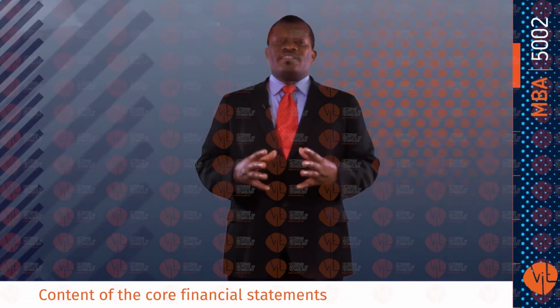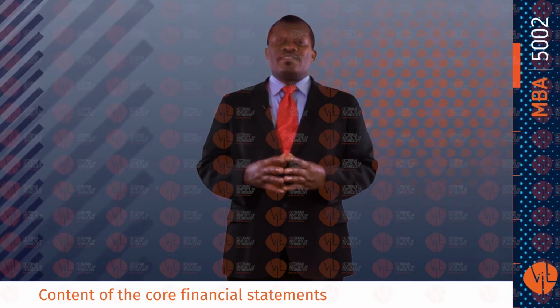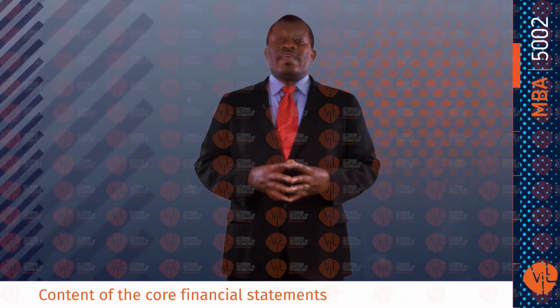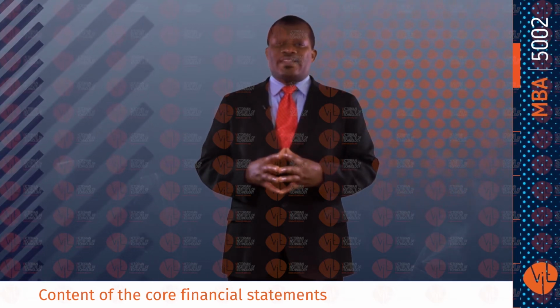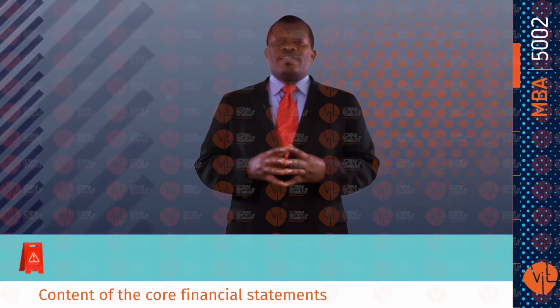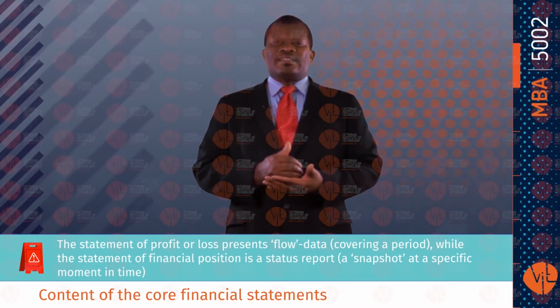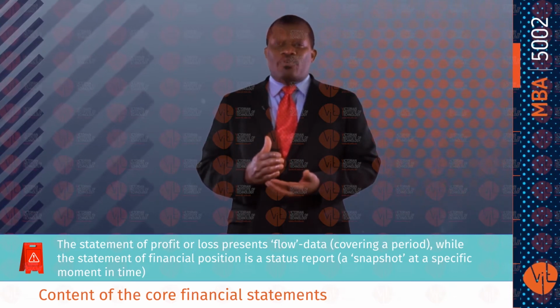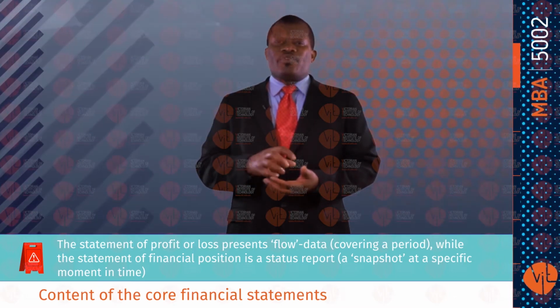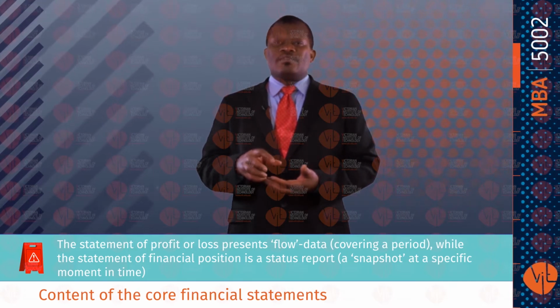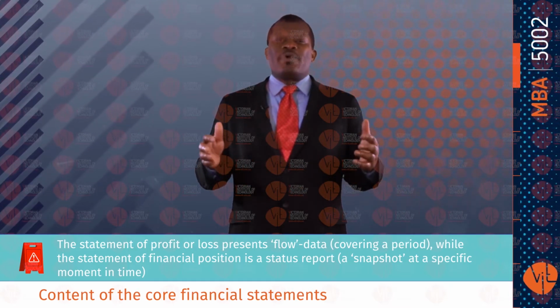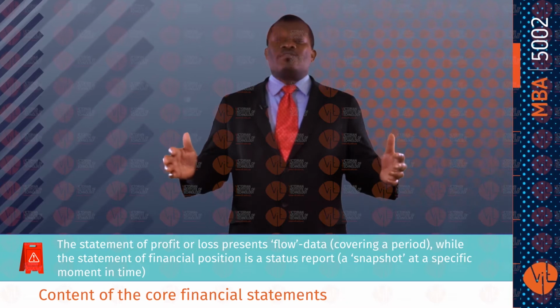However, balance sheet provides information relating to the resources of an organization and then the claimants to the organization, that is the equity holders and creditors. This information comes at a point. And so whereas balance sheet looks at financial position at a point, the income statement or profit and loss account looks at financial performance for a particular period.